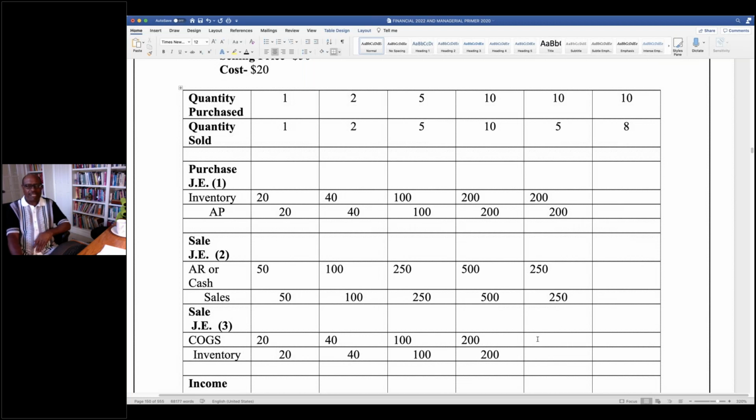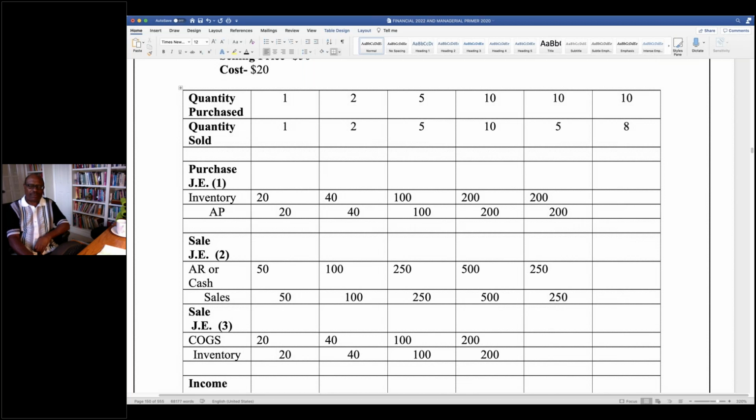So how much is cost of goods sold? You bought 10 pairs for $200, but we only sold 5, so cost of goods sold would be $100.